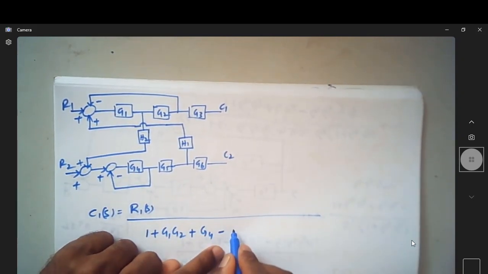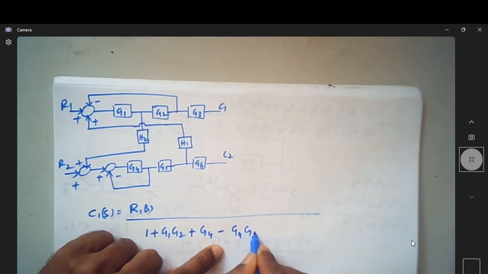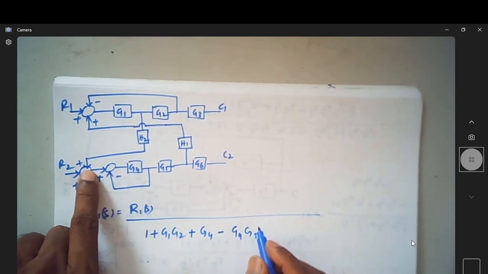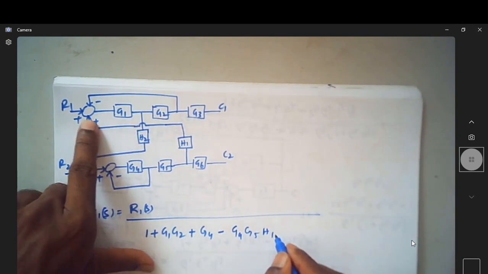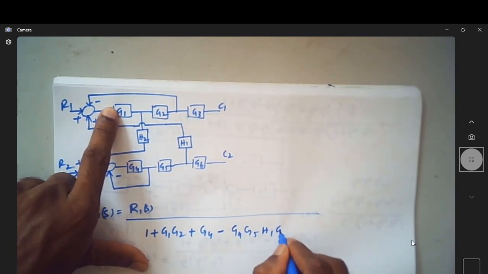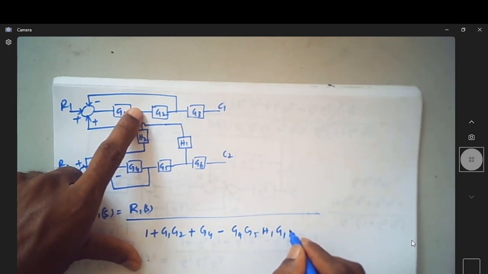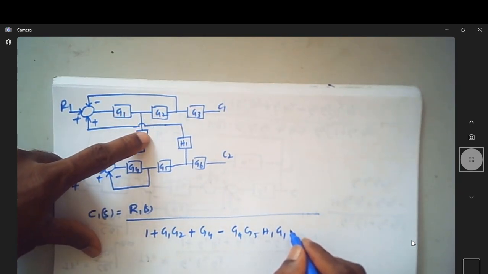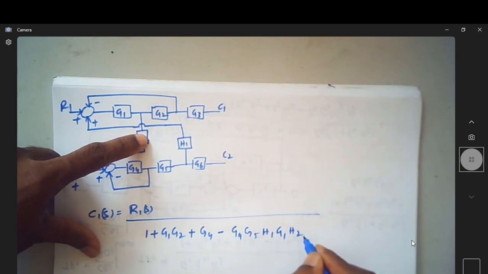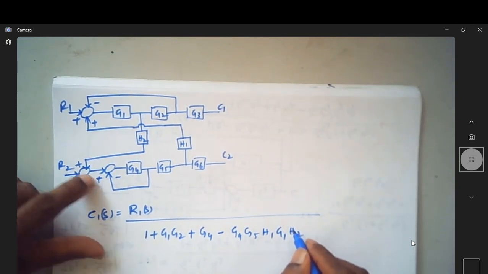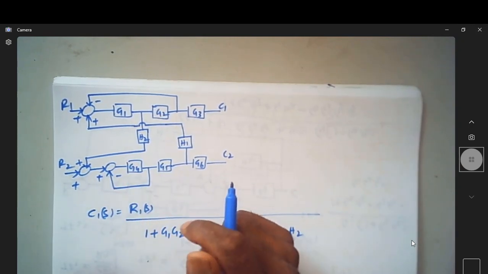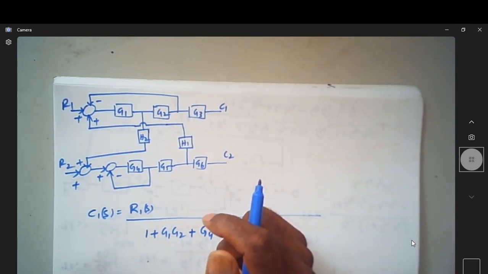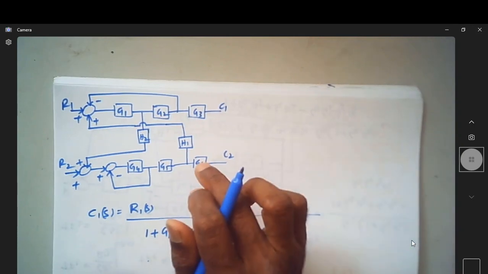I just started from here: G4, G5, H1, again plus, this is G1, and you have to come back here, this is H2. Since it is positive feedback, everywhere it is positive, so this becomes negative. Then what else? That's it.